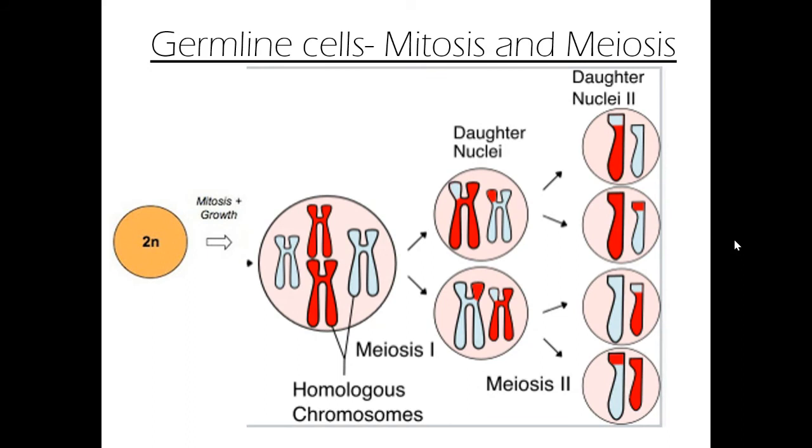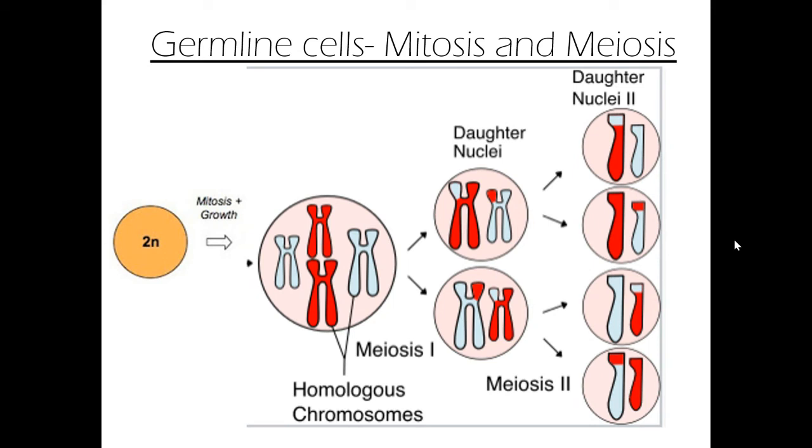It's not the case that all of your dad's chromosomes go into one daughter cell and all your mum's go into another. It could be chromosome 1 to 20 from your dad in one daughter cell, and then the other one's made up from your mum's, and vice versa. In the second stage of meiosis, the chromatids separate and you form 4 haploid cells.